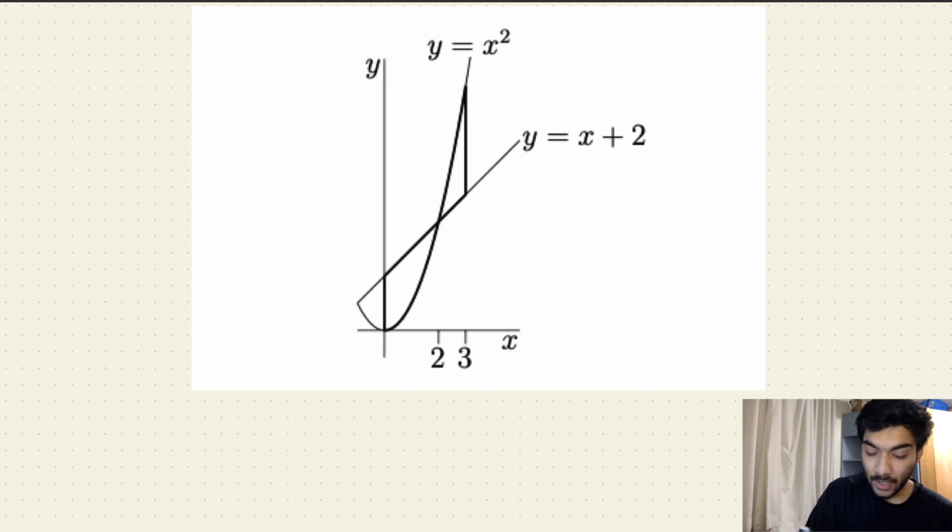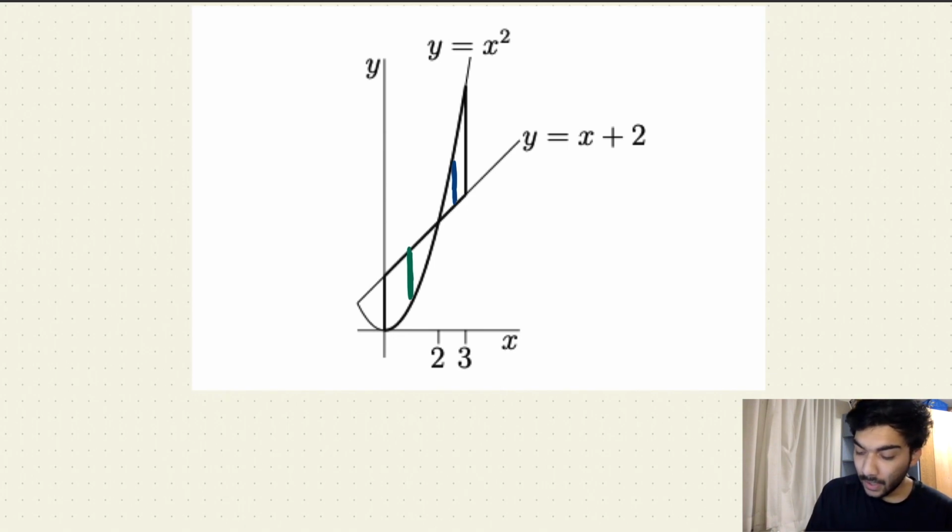That is why we'll have to take two different strips. I'll consider one arbitrary strip here represented in green color, and one more arbitrary strip in the interval from x equals 2 to x equals 3.